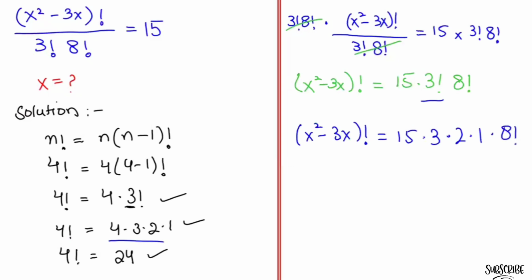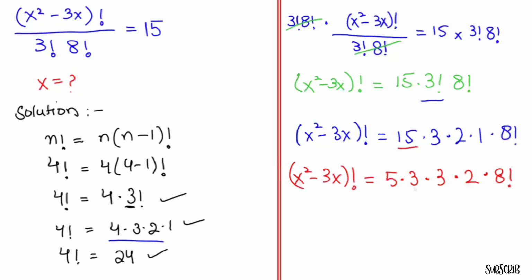Now we're going to split this 15 into 5 times 3. The 3, 2 and 1 are multiplied together, so I can write 8 factorial here.